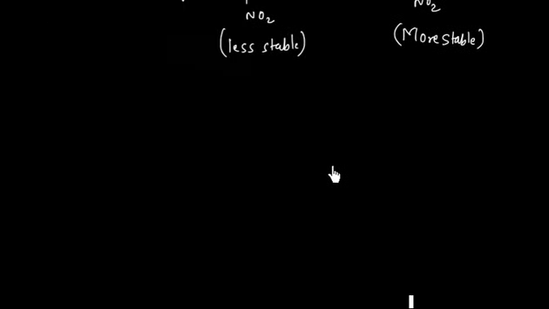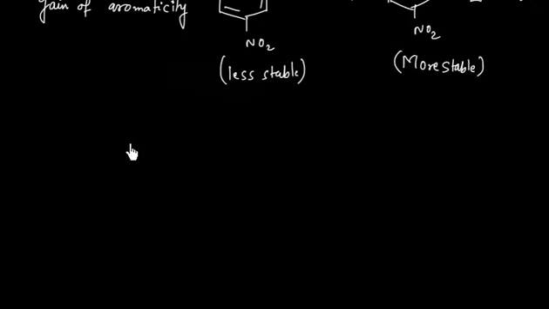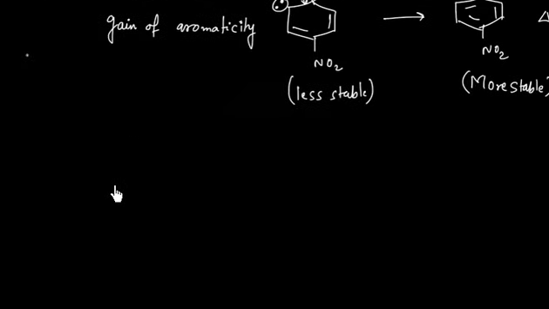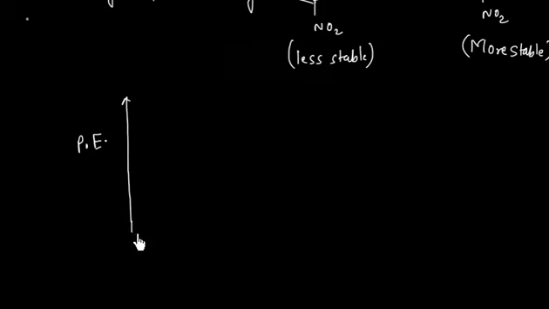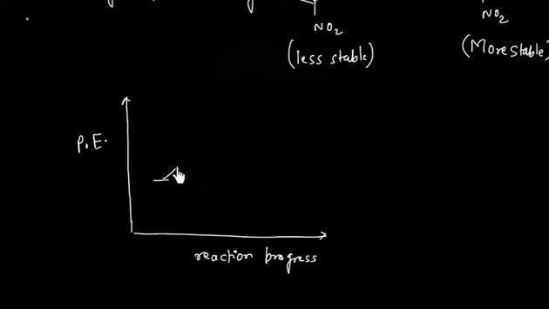We can also make a potential energy diagram for the same reaction. On the y-axis we have potential energy, and on the x-axis we have reaction progress. Initially we have the reactant here. The first step is the slower step, so it will have high activation energy.